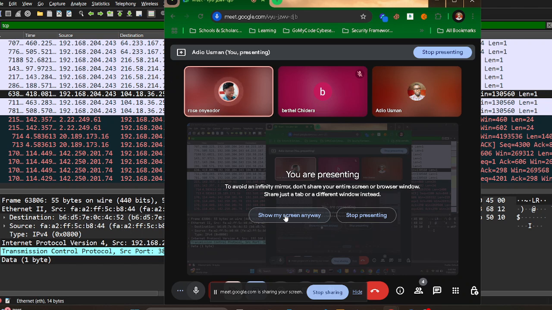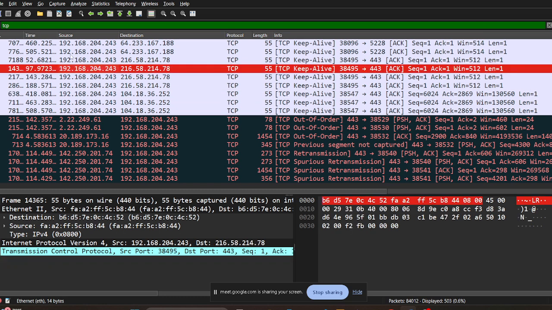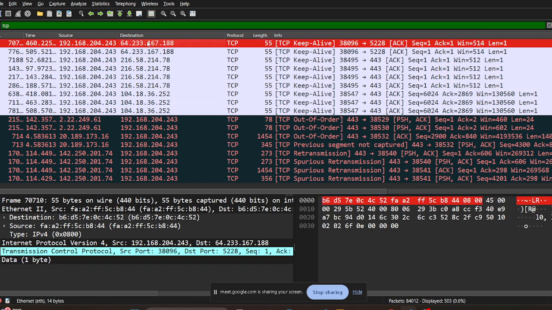You were saying version 4 and version 6. Okay, IPv4 and IPv6. So the IPs you are seeing on your Wireshark screen, source and destination, the top part, are all IPv4. Usually numbers like this are separated with dots.